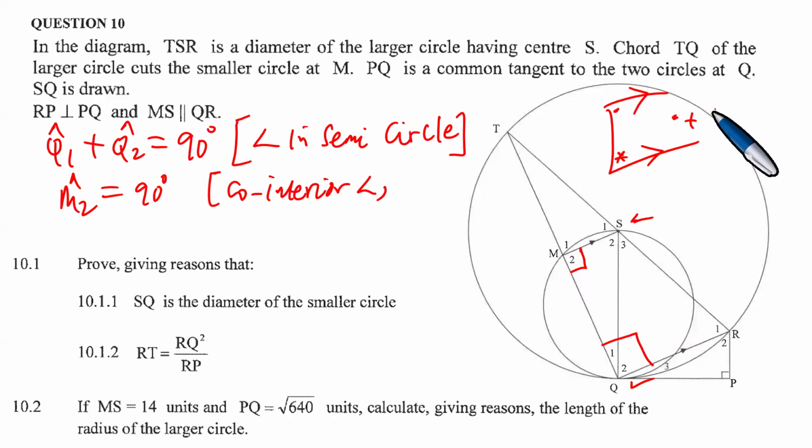So if you take the dot plus the asterisk, you get 180 degrees. This one is already 90, so that must be 90, so that if you add them together, you get 180 degrees. This is true because of co-interior angles. So you can say M2 is 90 degrees because it's a co-interior angle, and it's a co-interior angle because MS is parallel to QR.